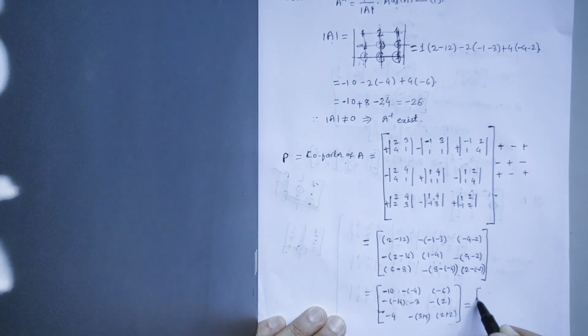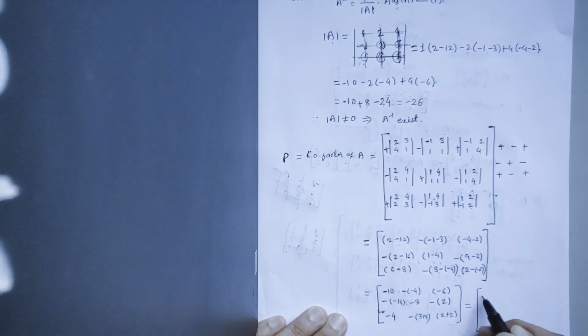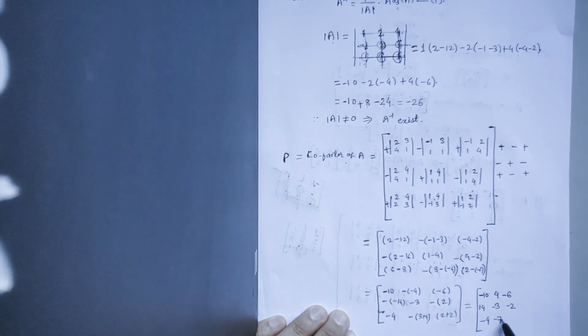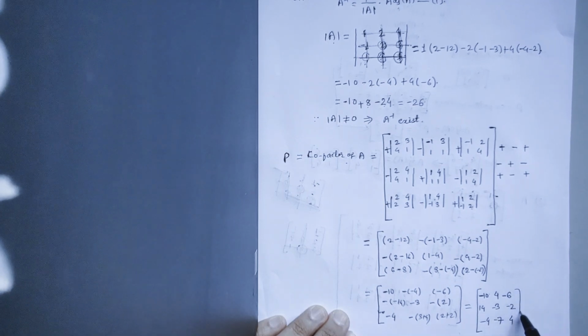So finally what I get is minus 10, 4, 6, minus 6, 14, minus 3, minus 2, minus 4, minus 7, 4, okay.